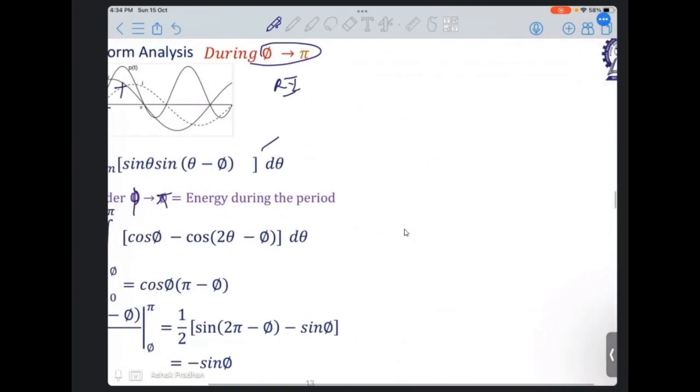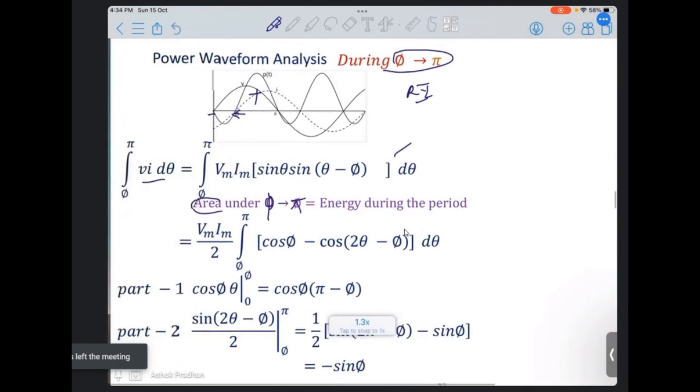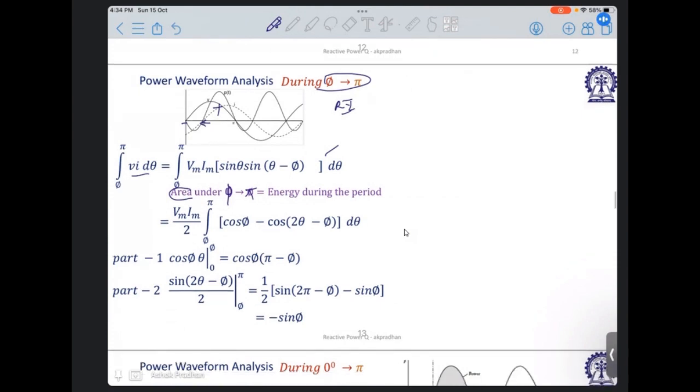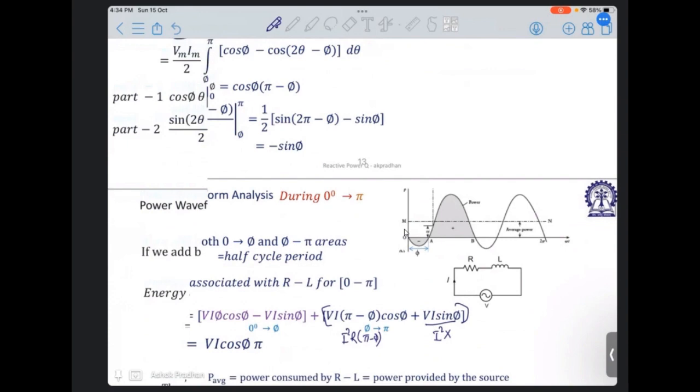What happened like that? Pi to pi. Okay, let me see. I don't know. Somehow I omitted that in the last moment.